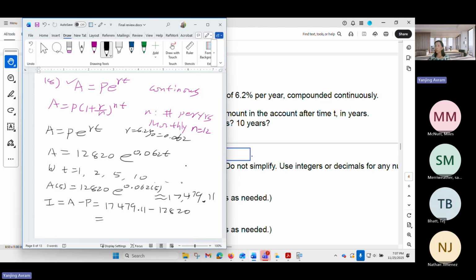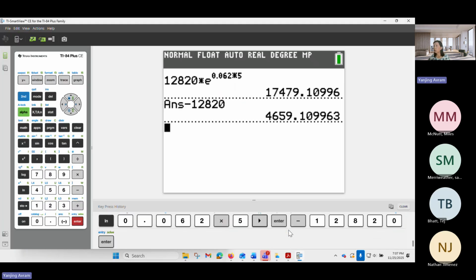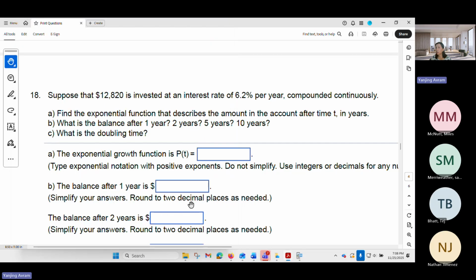So you have almost 5,000 in interest, which is 4,659. If you have this money deposited in the bank after 5 years, you have $4,659 as interest.